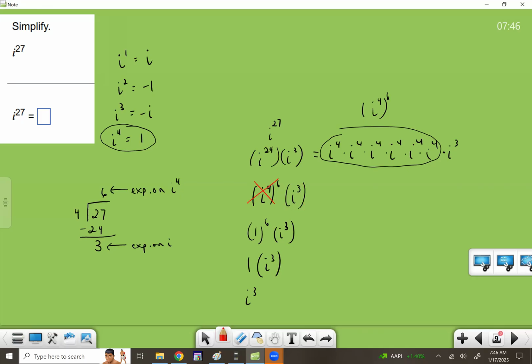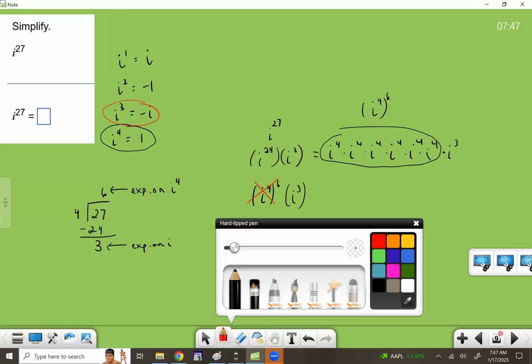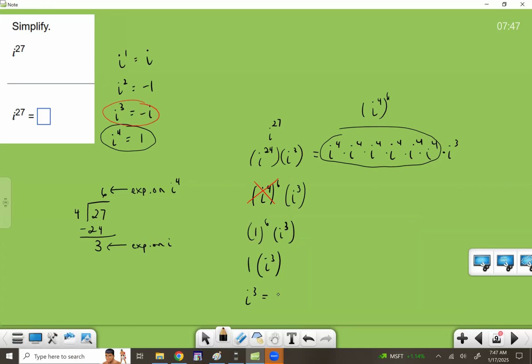Now you do have to clean up i to the third though. We said up here it's -i, but if you can't remember that, which I probably wouldn't, just break it down as an i squared times another i. Then you can see it's -1 times i, which is why we got -i out.